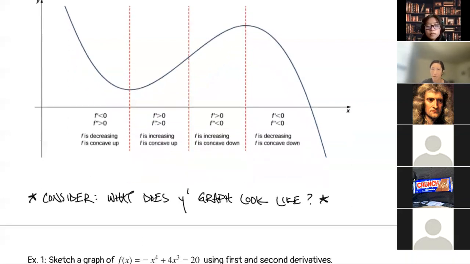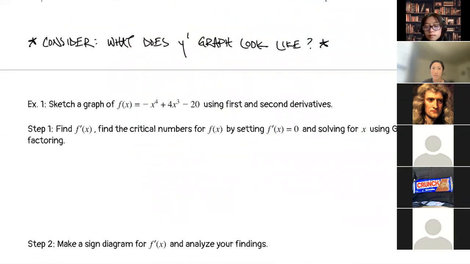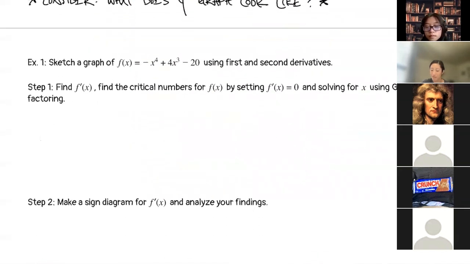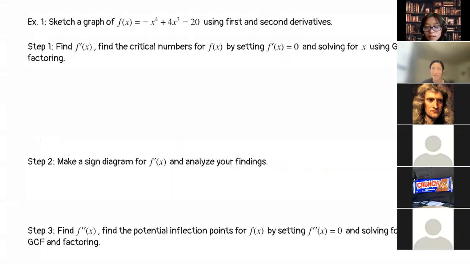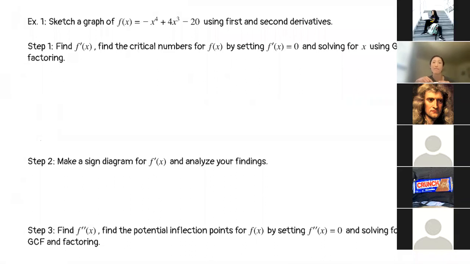All right, so we've gone this whole class. We've only looked at 2 problems and we haven't even applied any of the theorems yet. So let's do a practice problem, okay? All right, so we've got a graph, f of x equals negative x to the 4th plus 4x cubed minus 20.